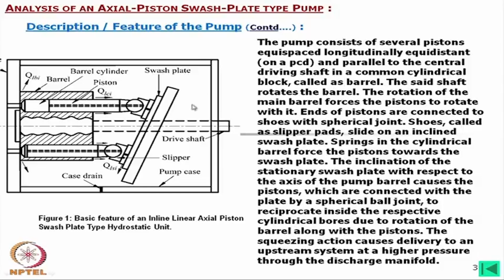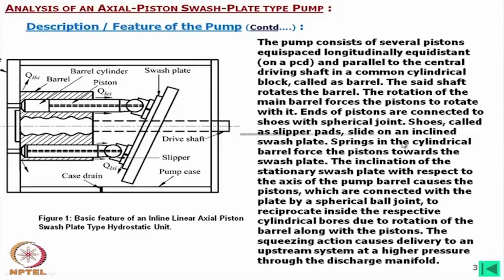Now, this is the swash plate, which is positionally fixed, meaning it is not rotating. Only the tilting angle can be changed, or it may also be fixed for the fixed displacement type. The rotation of the main barrel forces the pistons to rotate with it.